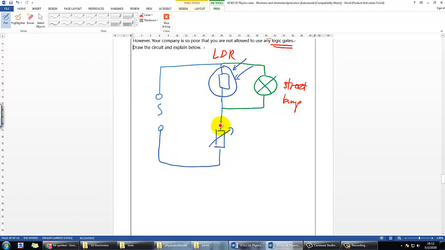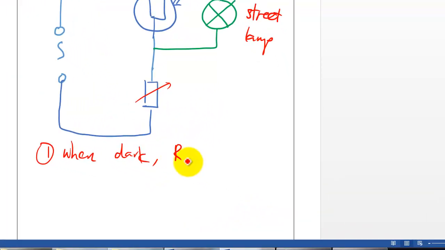Here's a variable resistor which you can change the value of so that you can adjust the intensity, or if you don't like it, you can just make it a normal resistor. That's also fine. So when the sky is dark, you can write a full sentence, of course, the resistance of the LDR would increase.